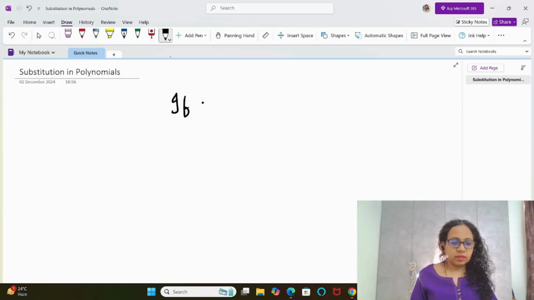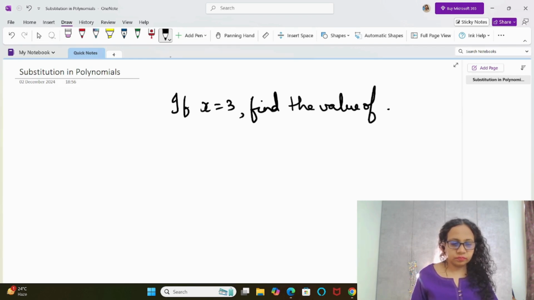If x is 3, find the value of 2x square minus 4x plus 5. So you have to substitute the value of x as 3 or replace x by 3.